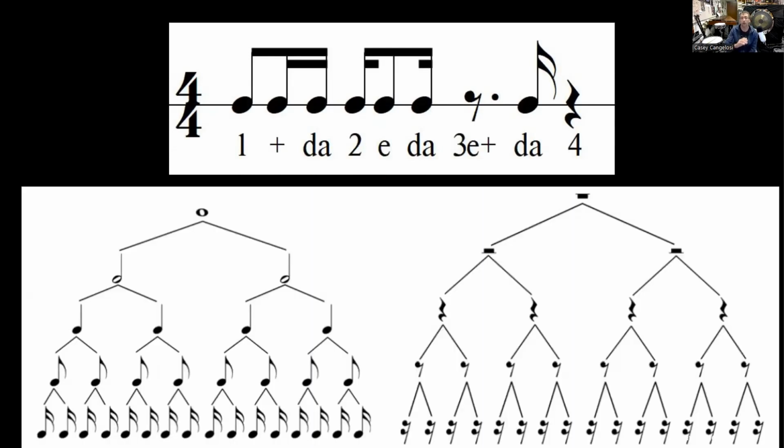So after you've found the main beats and then the subdivisions, the way you would be counting this is 1 e and a 2 e and a 3 e and a 4 e and a, and the way you would play it is 1 e and a 2 e and a 3 e and a 4 e and a. One more time, that would be 1 e and a 2 e and a 3 e and a 4 e and a.